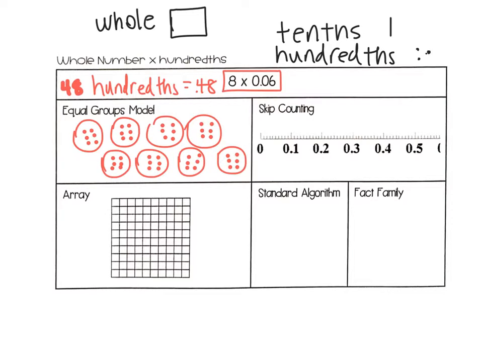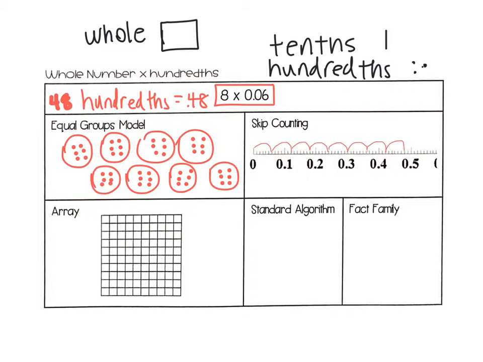Now let's look at the skip counting. I'm going to do the same thing I did earlier, except this time I'm going to hop 6 hundredths each time, and I'm going to hop a total of 8 times. So I hopped 8 times: 1, 2, 3, 4, 5, 6, 7, 8.